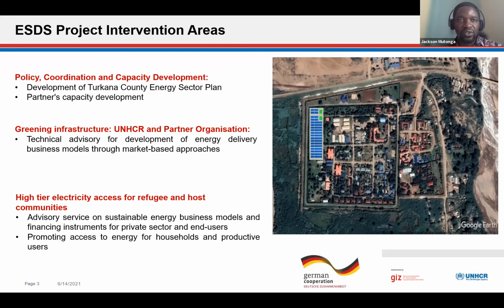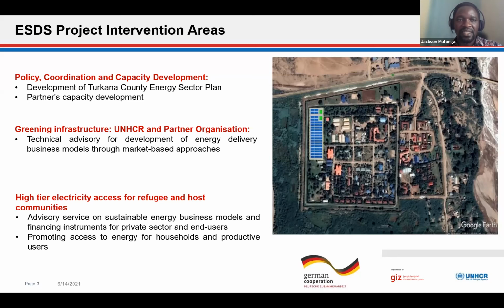One is on policy coordination and capacity development, where we are working with the regional government to develop their energy sector plan. And this energy sector plan includes refugee energy needs. Because the county government hosts the refugees, and the county government has their own development plans because of devolution. They have their own budget and they implement their own projects.